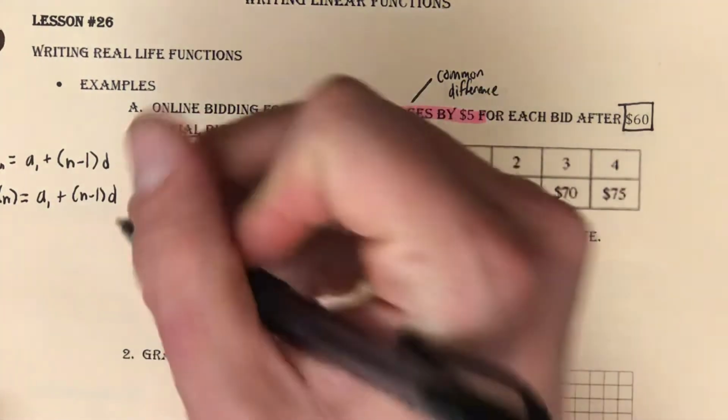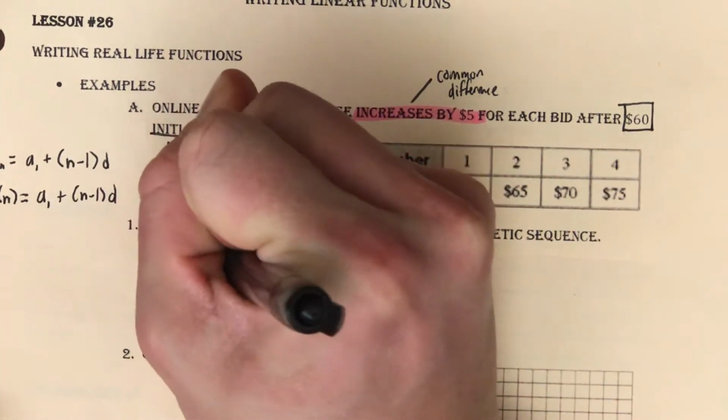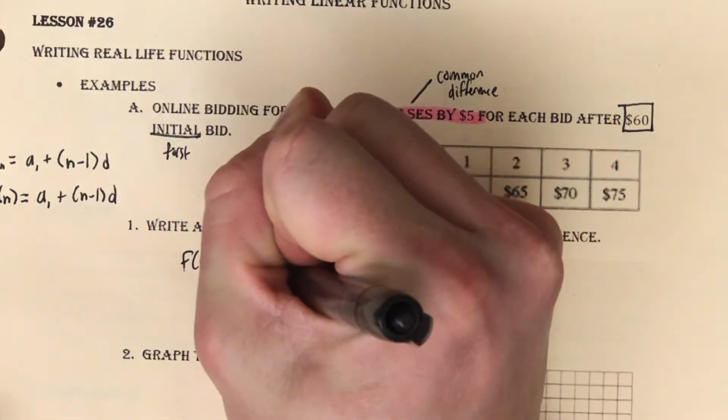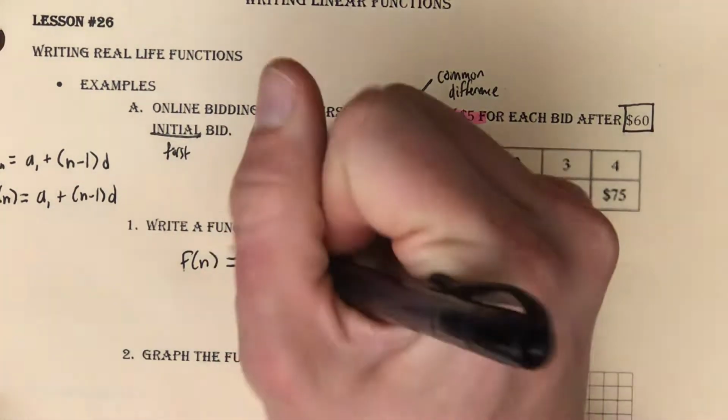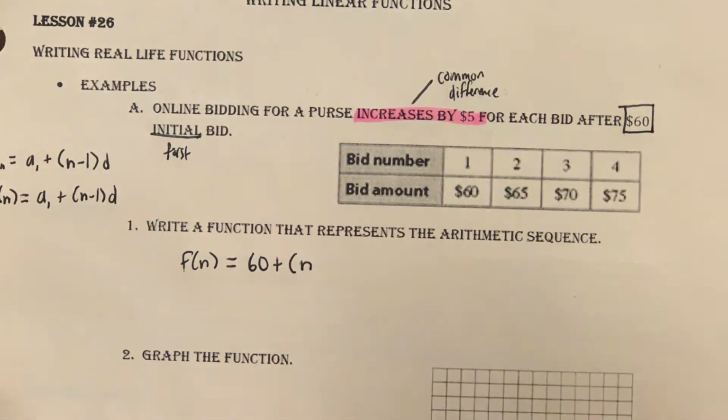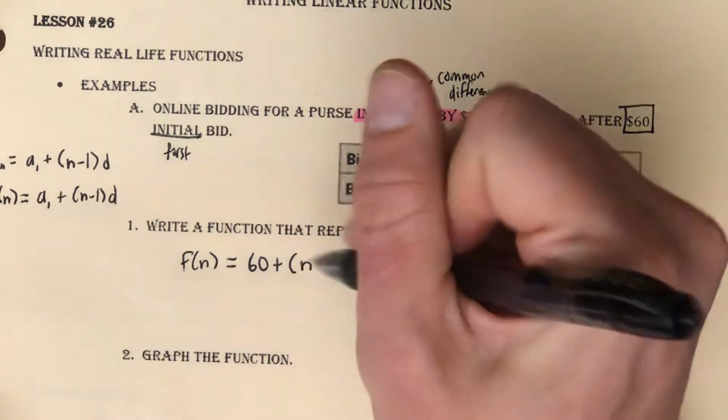So when I'm writing the function, I would say f of n is equal to a1, right? Well, what is a1? Well, that is $60, and I'm going to leave off the dollar sign and just say 60 plus parentheses n, I don't know what that is at this point, right? Minus 1 times the difference, which was a positive 5.